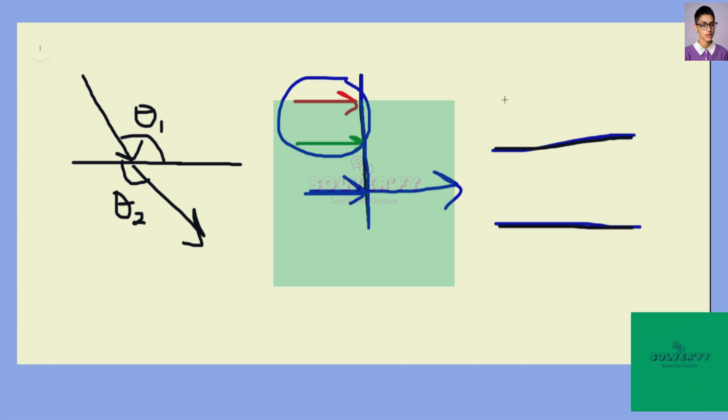If you have an incident light passing through surface 1, some of it might get bent into surface 2, and some of it is going to be reflected, while some of it is going to be transmitted or absorbed. Because of that, in both the top and bottom layers, they're interfering with each other, as you can see in the diagram. And that is what thin film interference is.